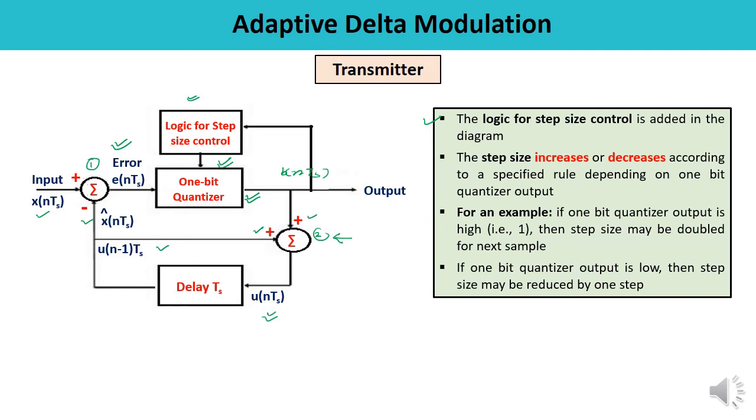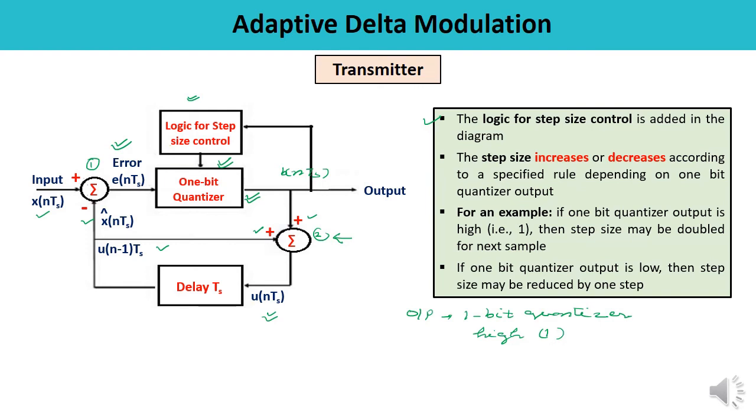So you can take one particular example just to understand it. If we say that the output of the 1-bit quantizer is high, high means 1. Now what will happen? The step size may be doubled.